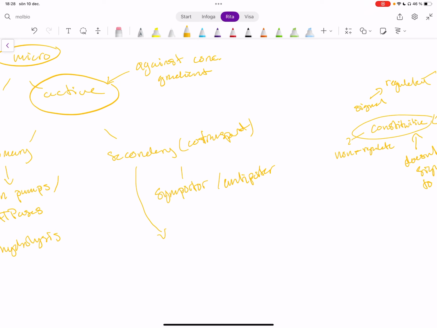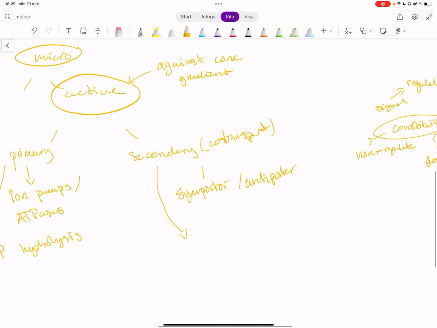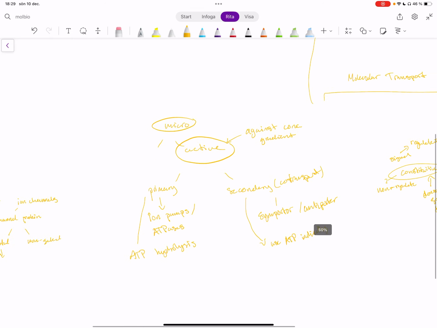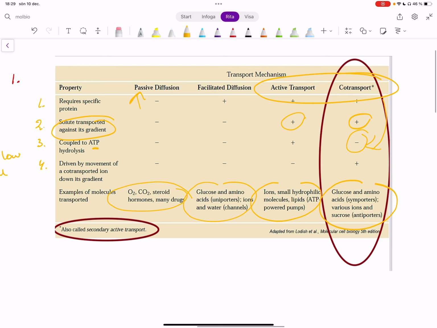Basically this means they use energy that has been released by a primary active transport in order to transport two molecules at the same time. So one could say they use ATP indirectly, but again, look at the table. It's a minus, so they don't use ATP. You get the point.